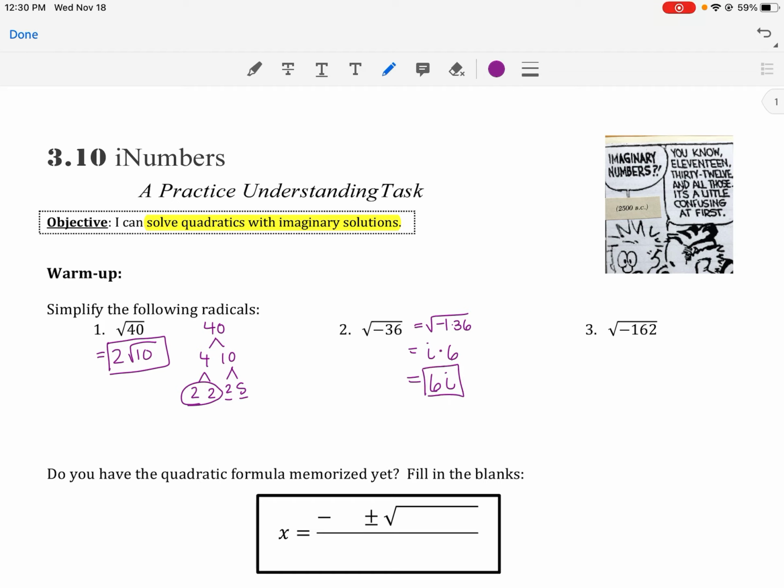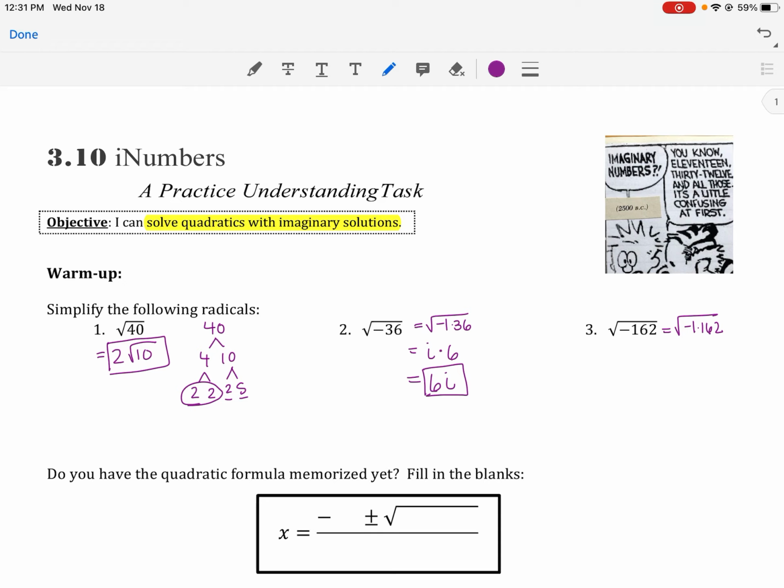Okay, one last one. Square root of -162 does not come out to a nice number, but remember, you could think about this as the square root of -1 times 162.